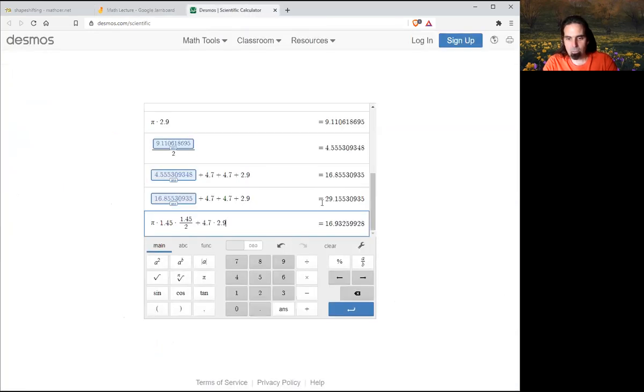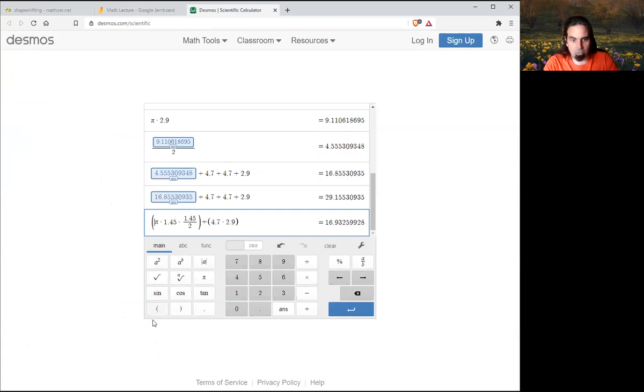So that's nice for us. You could always test it. I can say, let's put a parentheses here and a parentheses there. Let's put a parentheses there and a parentheses there, and it doesn't change anything. So you don't need them. Okay, but anyway, about 16.9, 16.93, something like that.